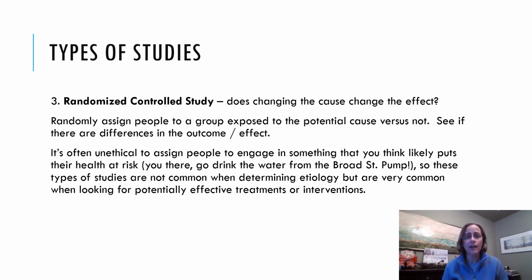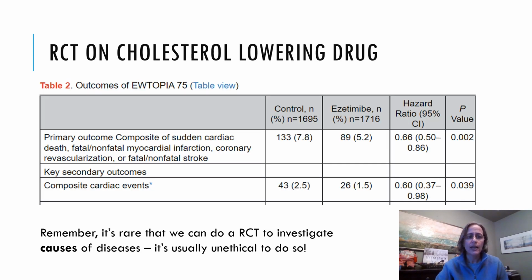But they are very common and exceedingly useful when we're looking for potentially effective treatments or interventions. So just to stick with the cholesterol example, let me show you a randomized controlled trial of a medication that lowers cholesterol levels.